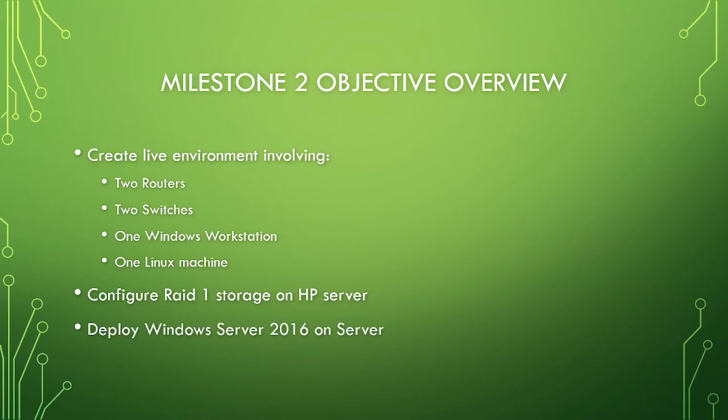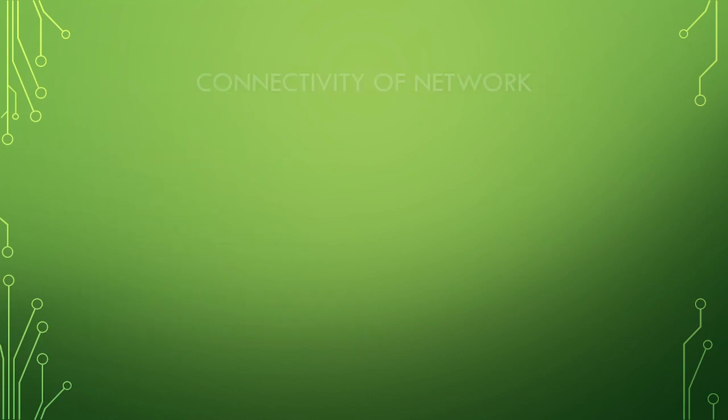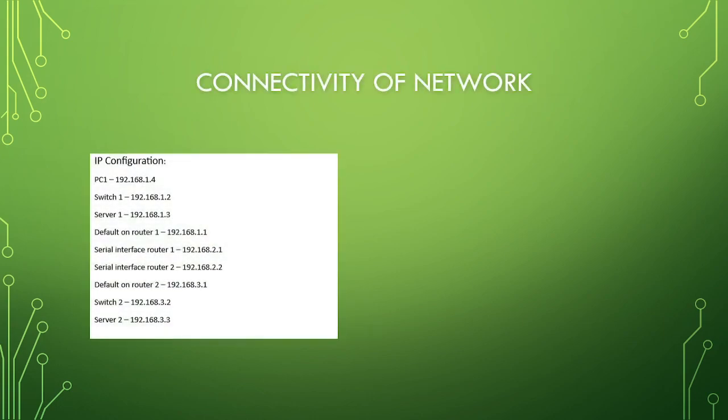We then deployed Windows Server 2016 onto the server. Shown in this IP configuration, we can see that we have an IP address for all of the moving parts within the network for switch 1, each router, each serial interface.